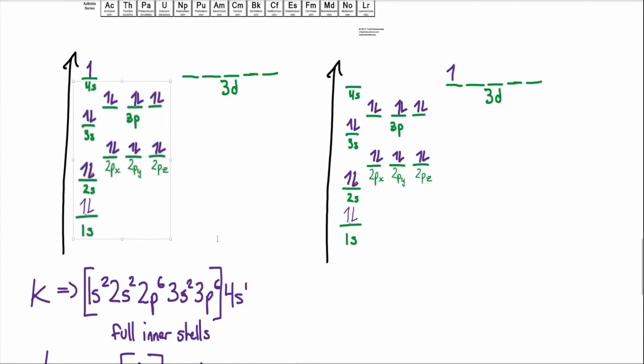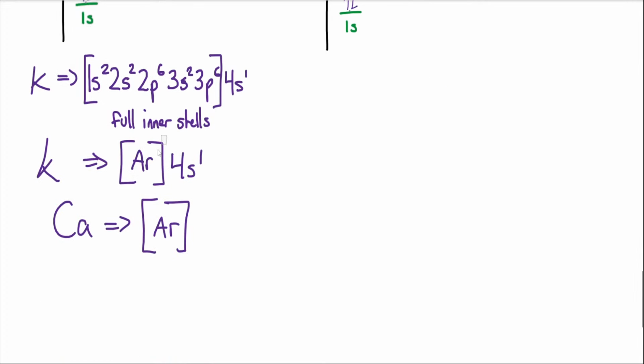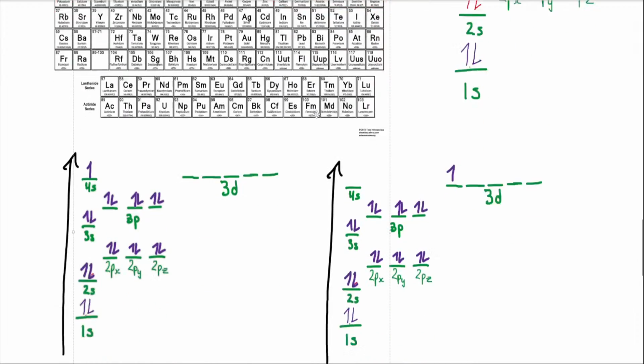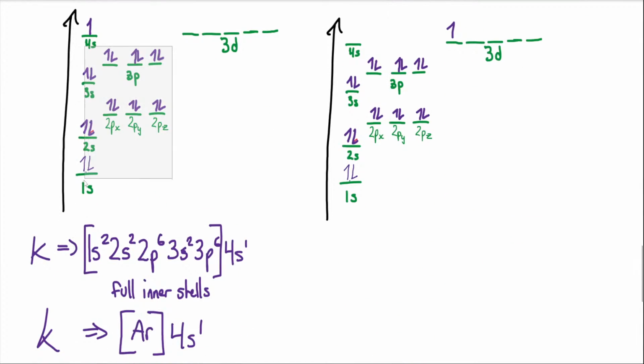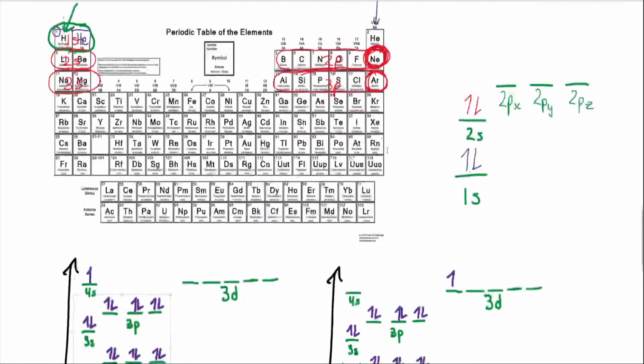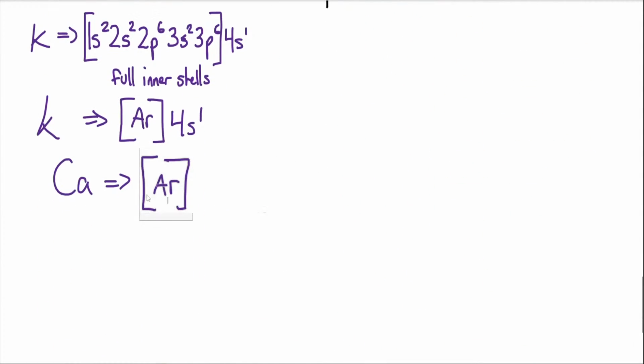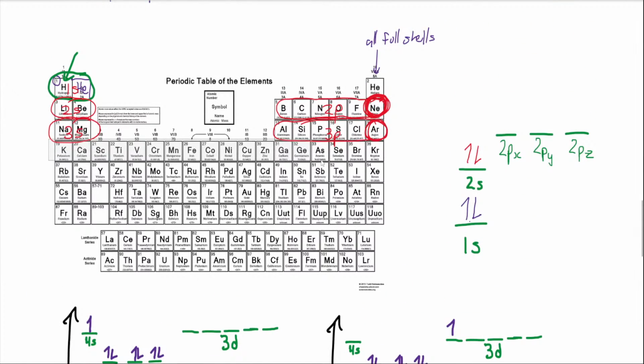We only use the noble gas that's last, because these represent full shells. Argon is everything but the valence shell, all the full inner shells. And 4s1 is always the last one, right up to the valence shell.